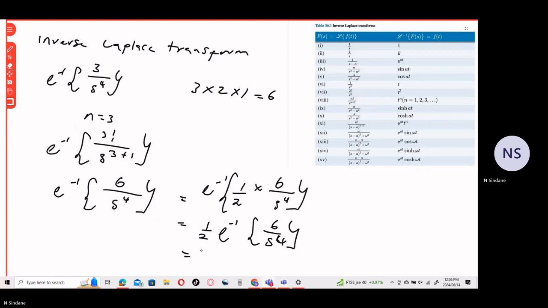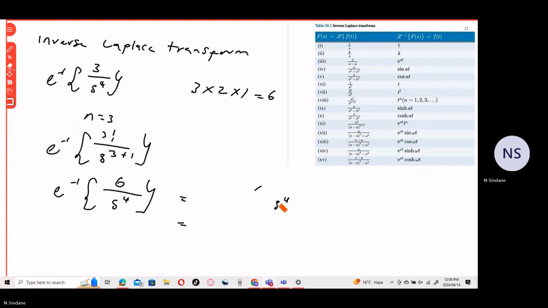This is like 1 over t to the power 3. 1 over t to the power 3 is our solution. Now, let's try to get 1 or 2 more questions and close it. Inverse Laplace is as easy as that.